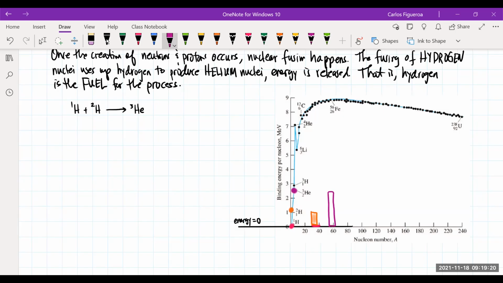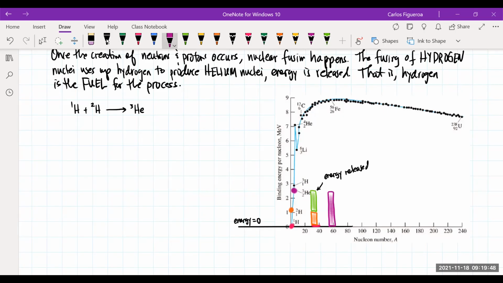If I now use fusion to actually create this, there's a gap in energy. And this gap right here is the energy released.